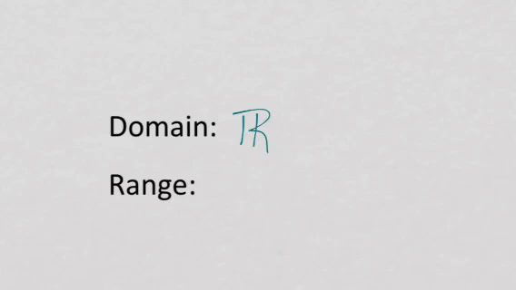The asymptote for this is y is greater than, not equal to, because it never touches the x-axis, so it's greater than 0. So y is greater than 0.